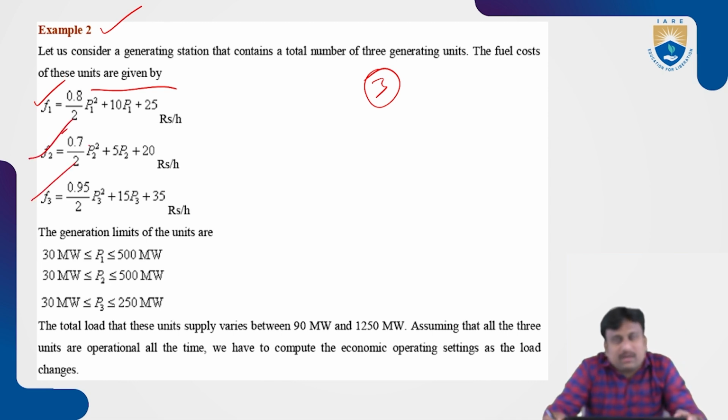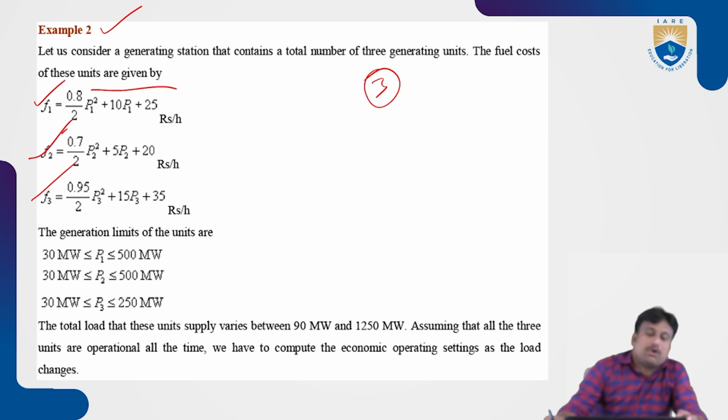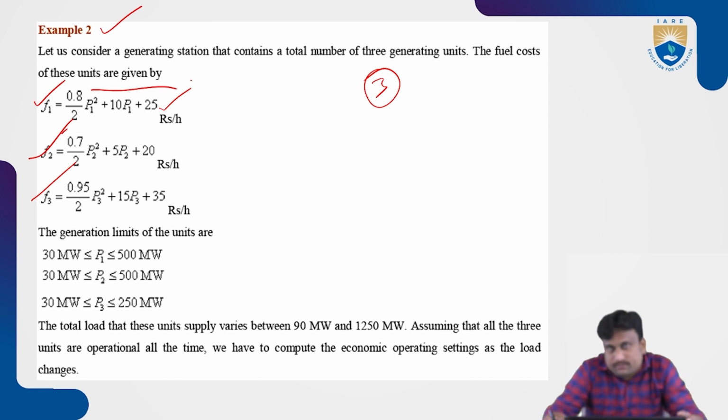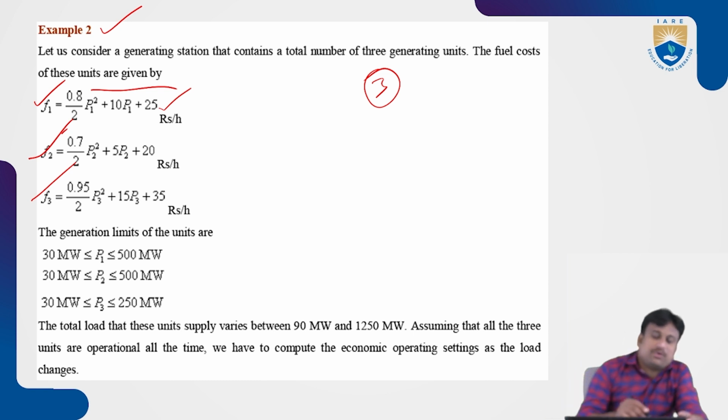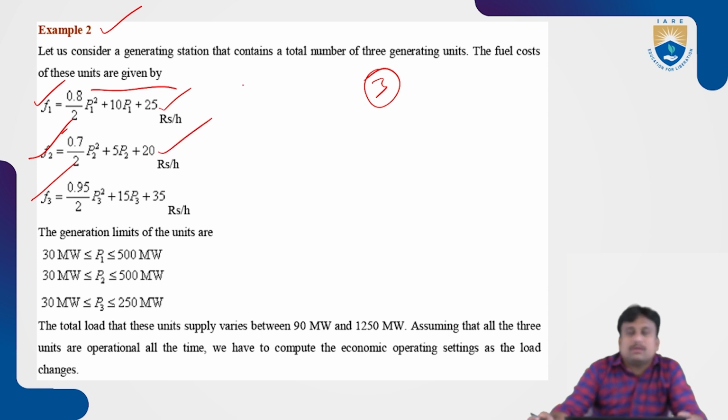F1 is 0.8/2 P1 squared plus 10 P1 plus 25 rupees per hour. Next, F2 is 0.7/2 P2 squared plus 5 P2 plus 20 rupees per hour.